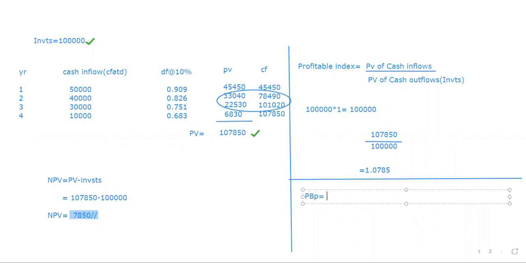Payback period is equal to least year plus investment minus cumulative of least year, then divided by cash inflow of preceding year.